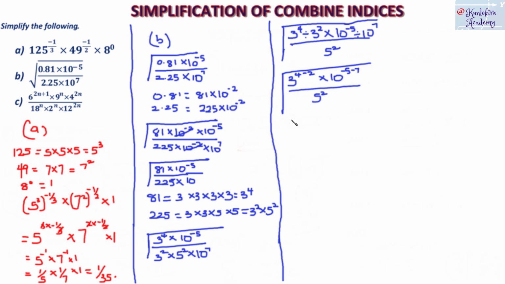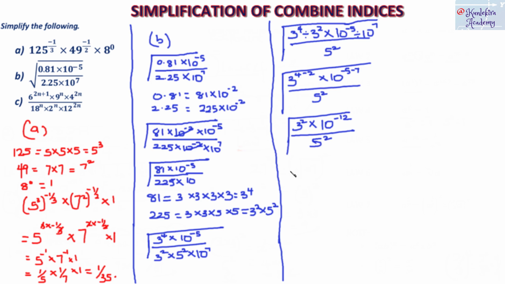And that will give us what? That will give us 3 raised to power 2 times 10 raised to power minus 12 over 5 raised to power 2. Now we are almost done.